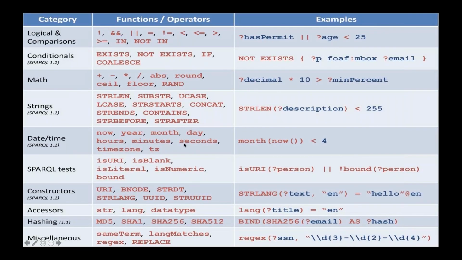And here's some additional functions and operators that are supported. These are part of the SPARQL 1.1 standard, so you can see different logical conditionals, math, string operations, date operations, SPARQL test, etc. So a lot of different functions are built in.